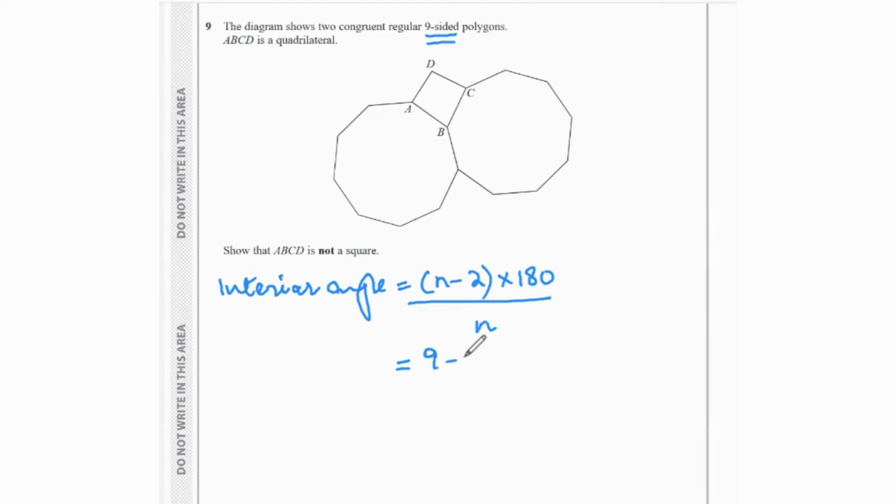So that's (9 minus 2) times 180 divided by 9, which is going to give us a value of 140 degrees. So this is 140 and so is this, because they're congruent regular 9-sided polygons.